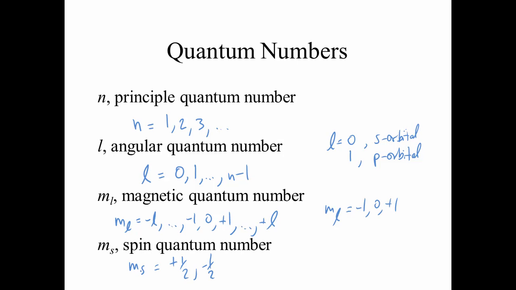Spin helps explain the Pauli exclusion principle, which says that electrons have to be spin paired. Spin is conceptually that the electron is like a sphere or a planet that is spinning on an axis. And that's detected magnetically, but of course we can't actually see the electron spinning on an axis.